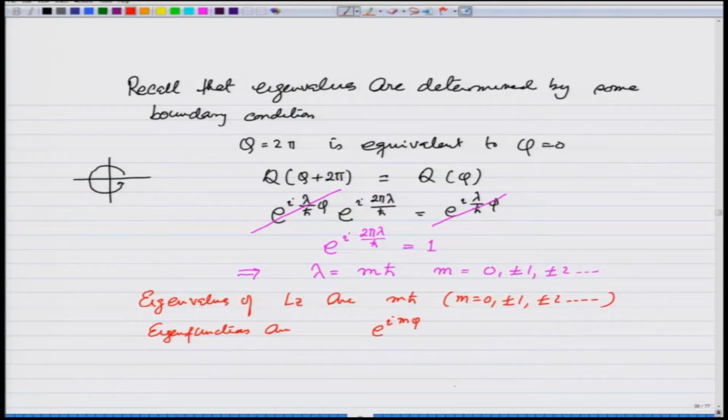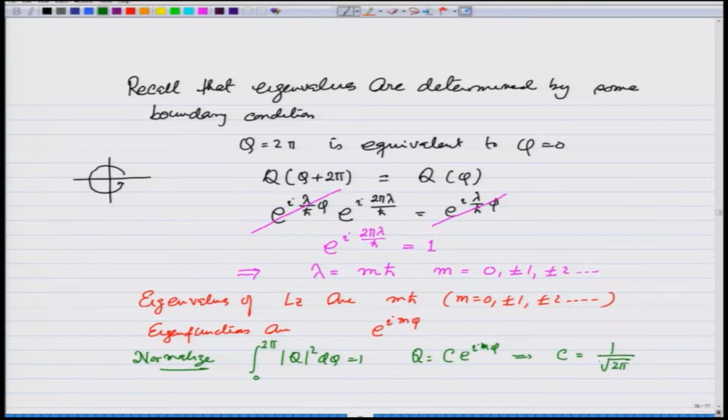If I normalize the eigenfunctions over the range of phi, which is 0 to 2 pi, the integral of mod Q square d phi should be equal to 1. So if I take Q to be c e raised to i m phi, I will find that c comes out to be 1 over root 2 pi.